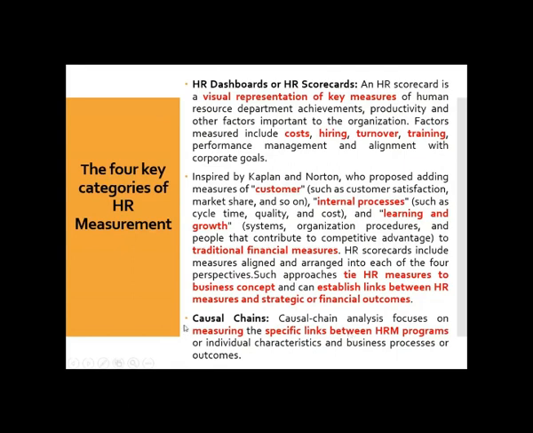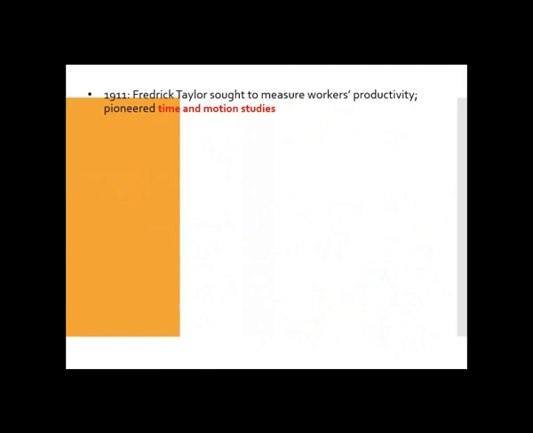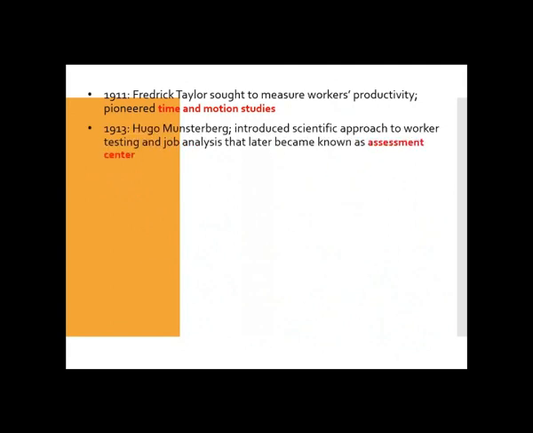Then the causal chain, I'm keeping it for the discussion. Frederick Taylor. Then comes Hugo Munsterberg, 1913. He came up with the Assessment and Development Center, or what you see today as the ADC. Way back he started that assessment center. The U.S. Army did it for the first time during World War I, with a mental ability test.